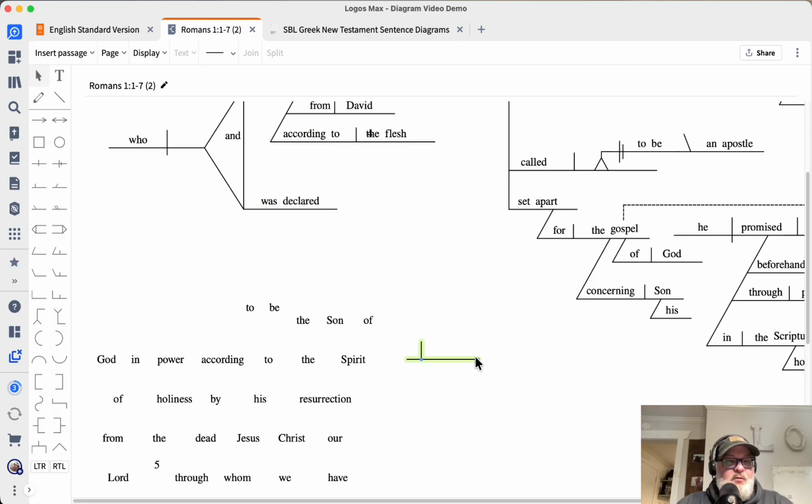And so what we need then is our direct object, and we're going to need a stilt, and we're going to need an infinitive shelf, and then the last thing we're going to need is this predicate nominative marker.